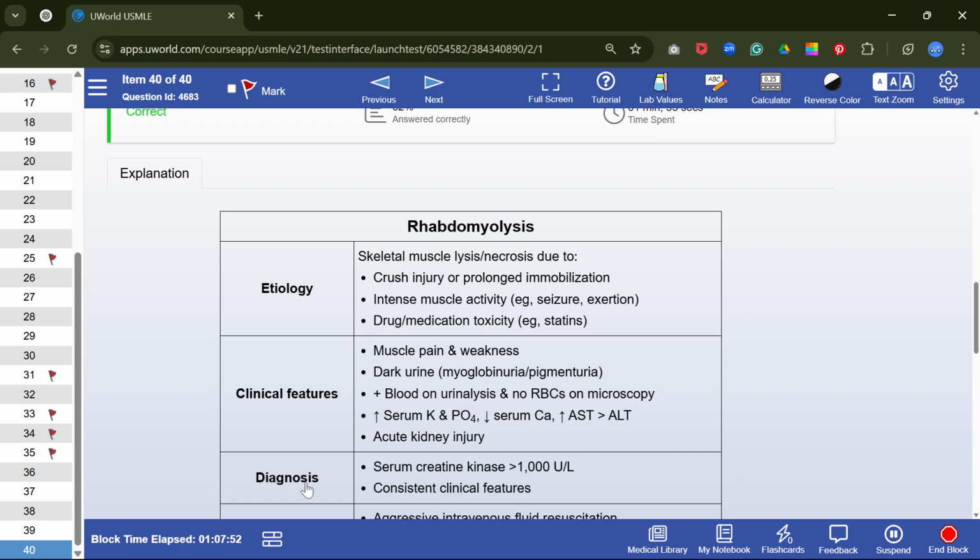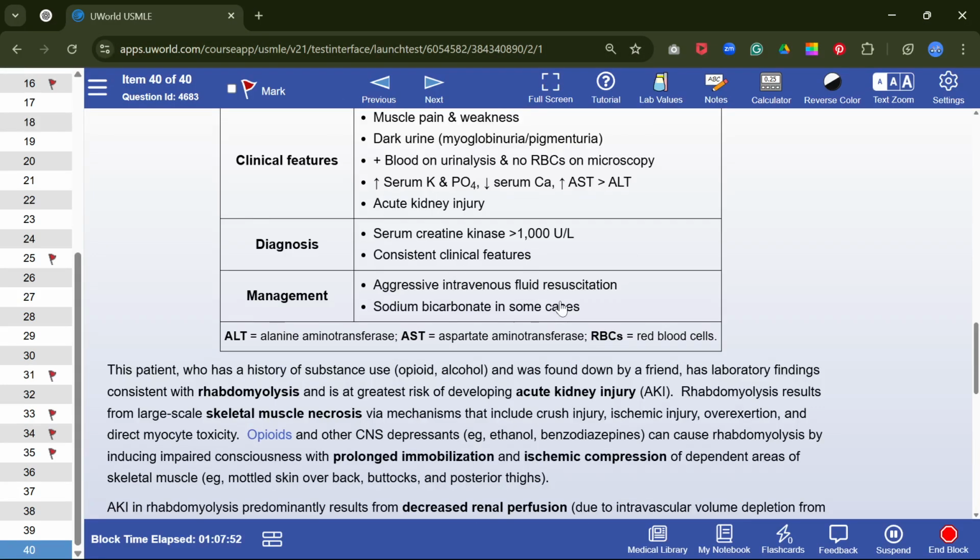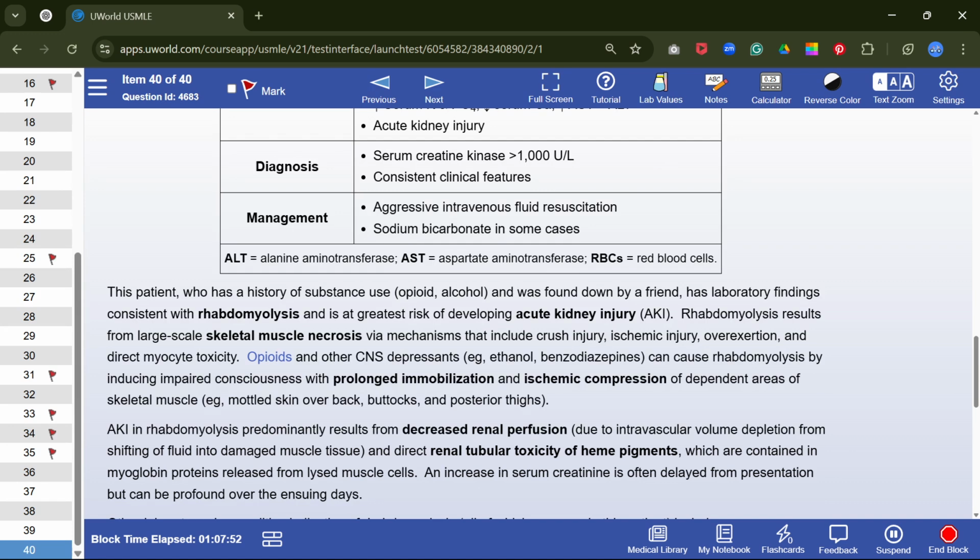Think about any kind of AKI. Why will it happen? This patient has rhabdomyolysis due to opioid and alcohol.